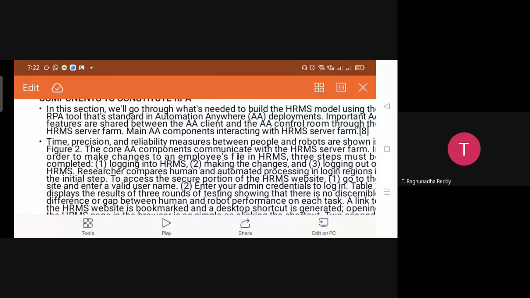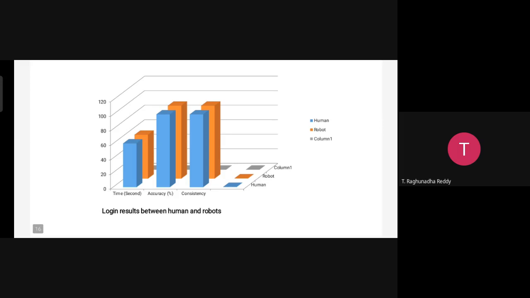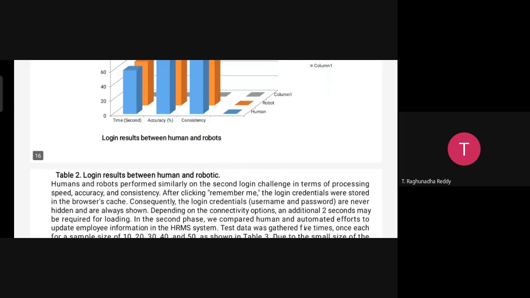Then we have the components that constitute this robotic process automation. The example I have taken is how a robot can comparatively do a work with human beings. I have taken time, precision, and reliability measures. The first graph shows the login results between a human and robots.